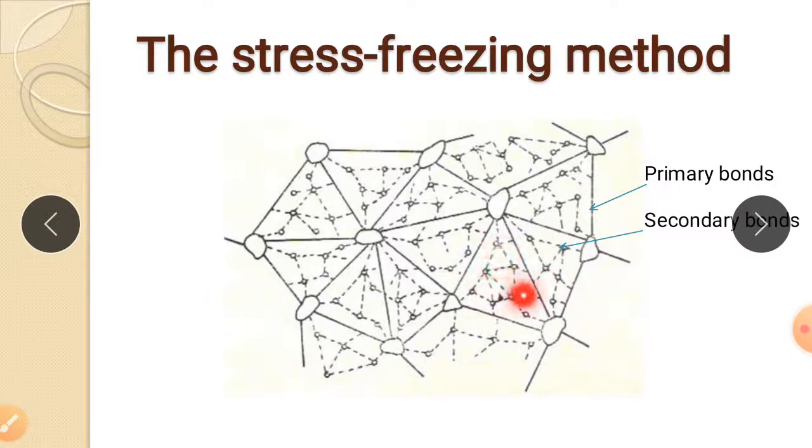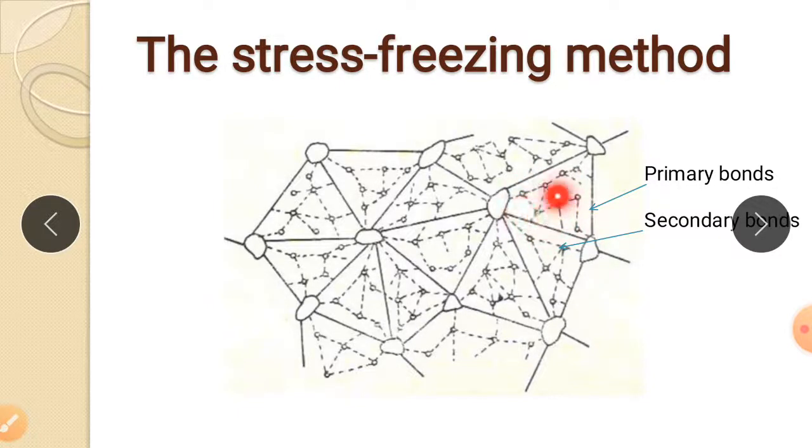So the whole load is taken by the primary bonds. These strong primary bonds take the load, while the secondary bonds disappear when the temperature reaches the critical temperature.